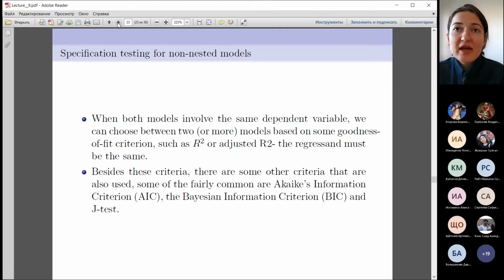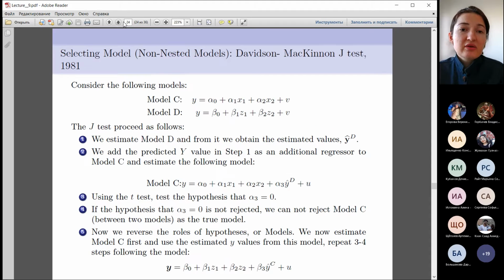It means that we have different explanatory variables and different forms of the same explanatory variables. So let's start with the J-test.